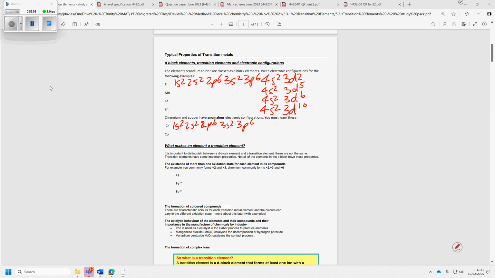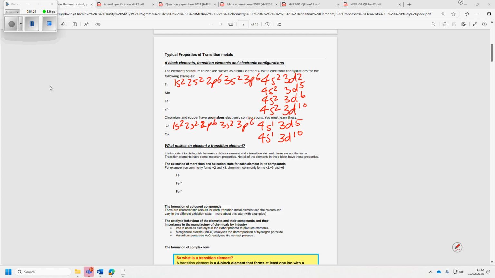What you would expect is 4s2, 3d4, but what you actually get is 4s1, 3d5. Similarly, copper, what you would expect will be 4s2, 3d9, what you actually get is 4s1, 3d10. And the examiners expect you to know about those two anomalies.